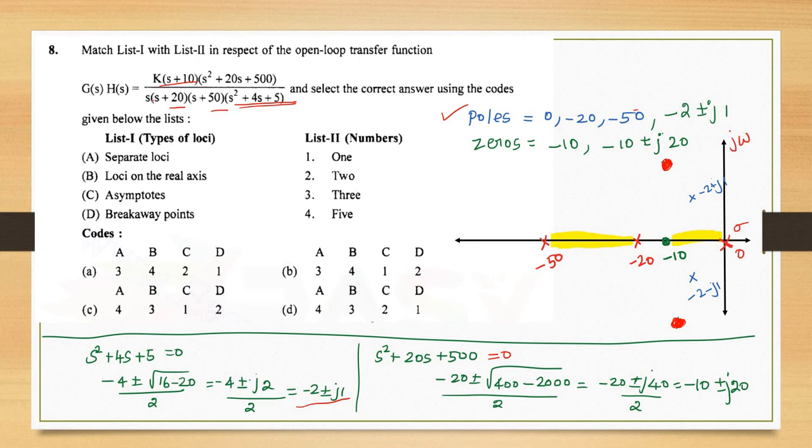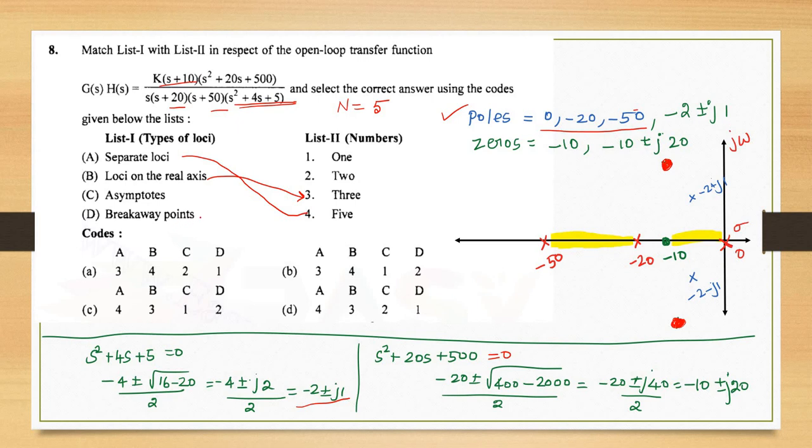So how many poles are available? 1, 2, 3, 4 and 5. So the number of root loci is 5. N is equal to 5. Then loci on the real axis. So on the real axis, how many root locus regions? That is 3.